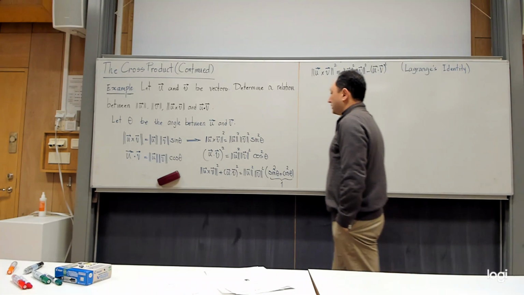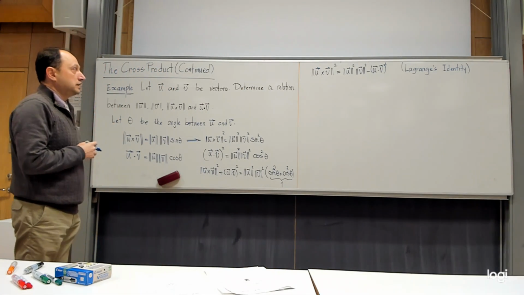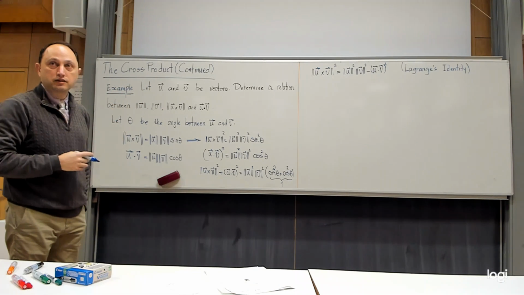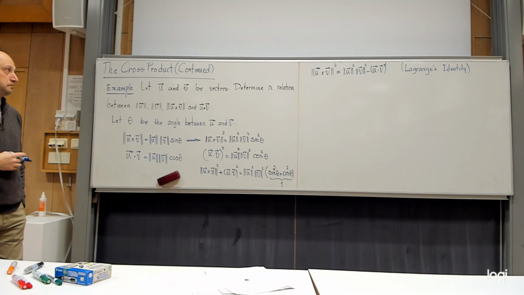Good to know about this. So you have this relation. On the one hand, you have the cross product. On the other hand, you have the dot product. So that would be the relation between them. Is that clear?